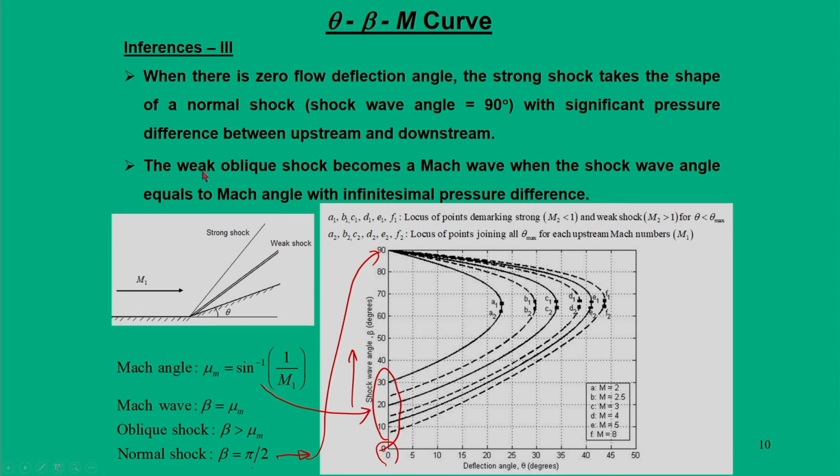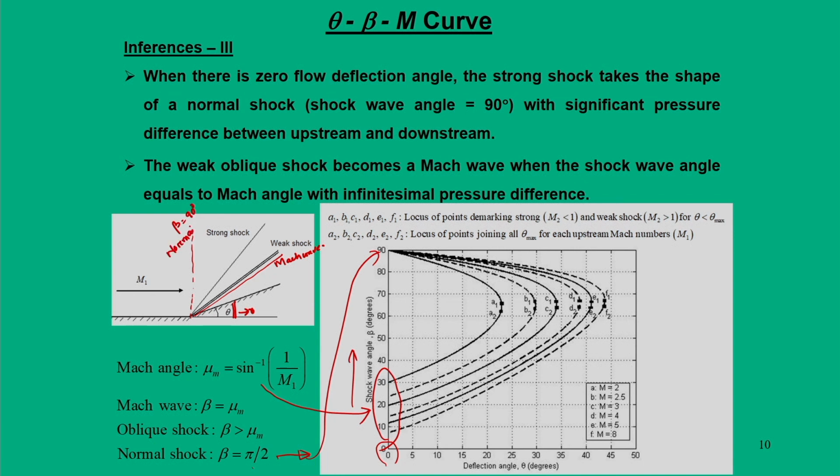Now, if you look at this particular figure, theta goes to 0. When theta goes to 0, we can draw a Mach wave that can start here. This Mach wave and this weak shock, they coincide, and this strong shock will become normal when beta is equal to 90 degree.